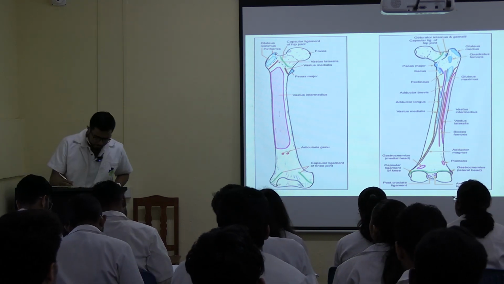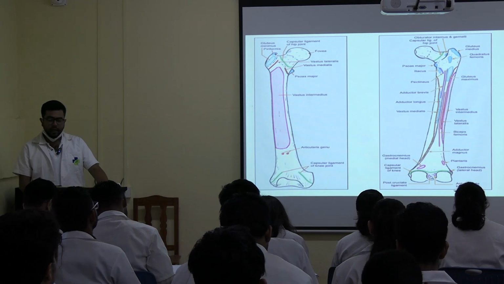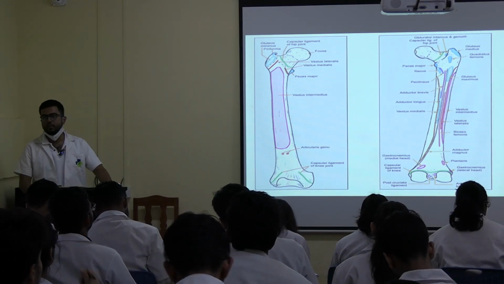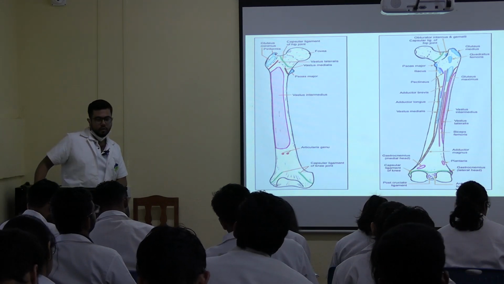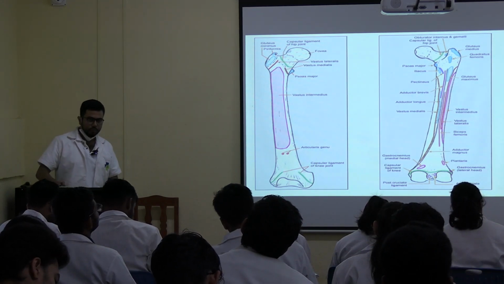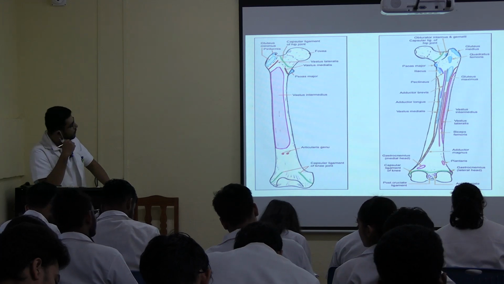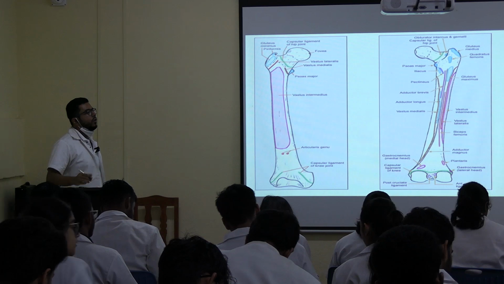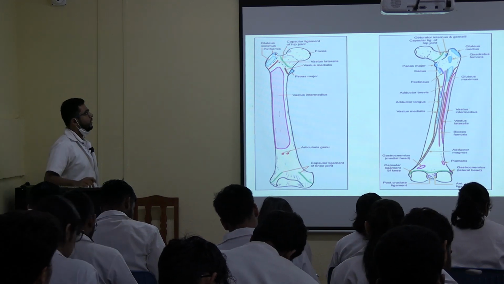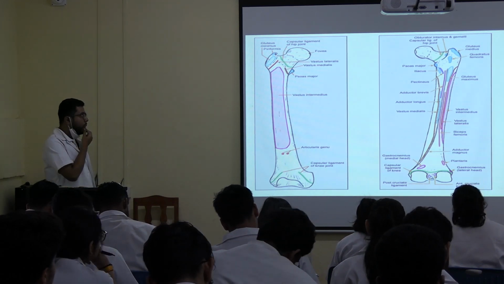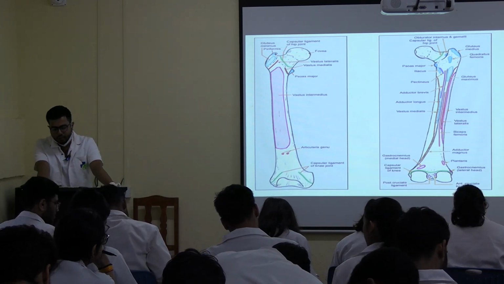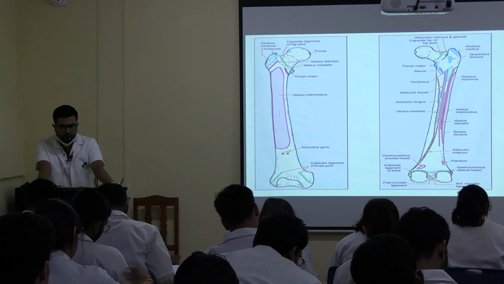Vastus lateralis takes a linear origin starting from the upper end of intertrochanteric line, then on the anterior aspect and below the greater trochanter.